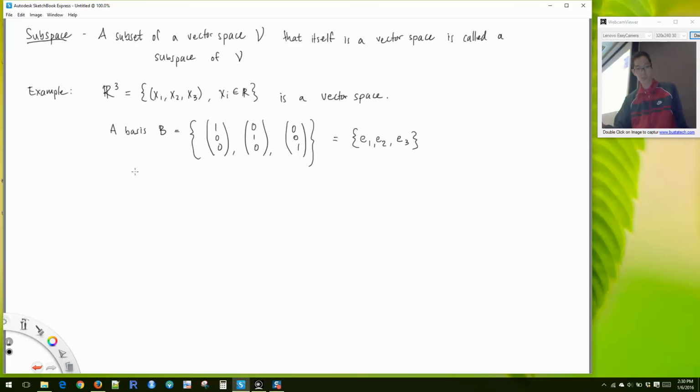Okay, and so any x that's an element of the three-dimensional real space can be written as a combination of these three basis vectors.